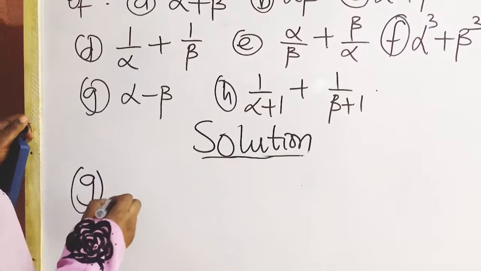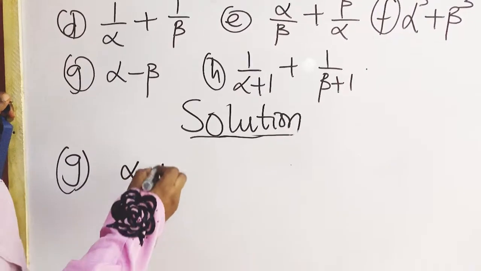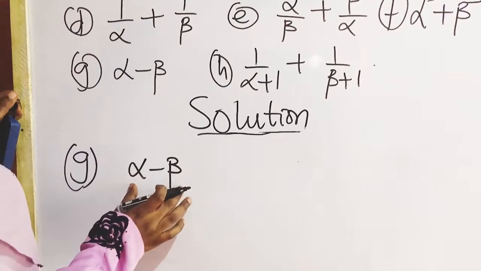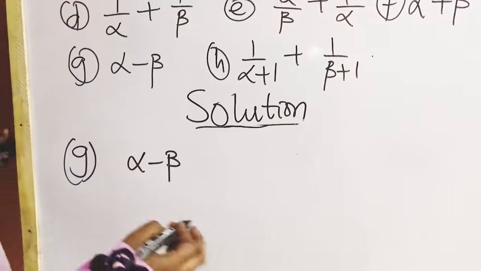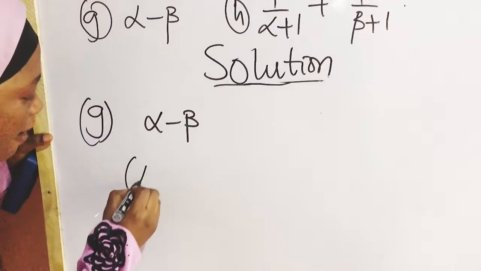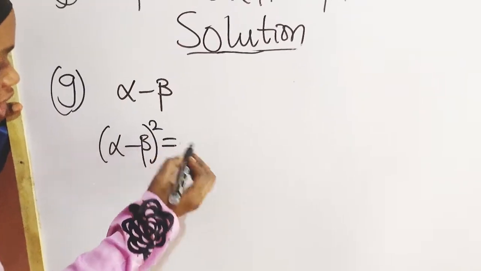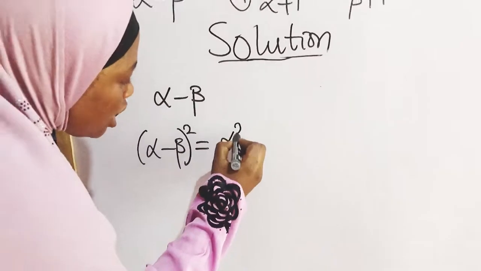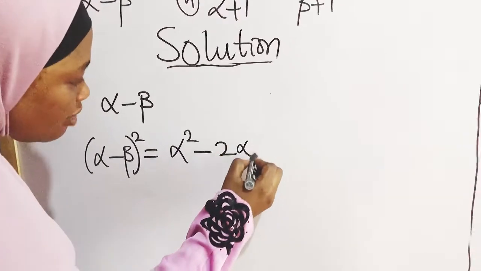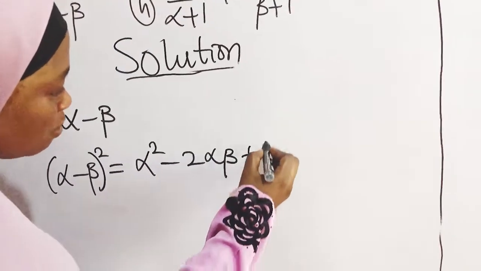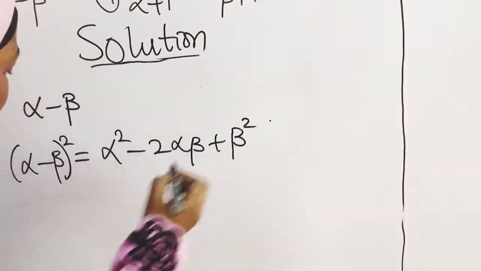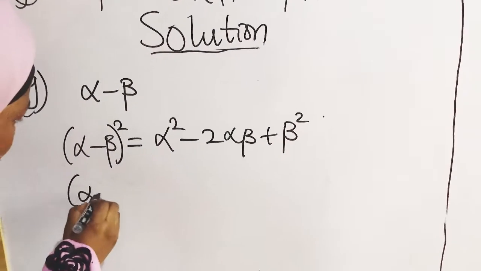G, they ask us to find alpha minus beta as a difference of roots. If you could remember, alpha minus beta squared gives us alpha squared minus 2 alpha beta plus beta squared. So let's take them together.